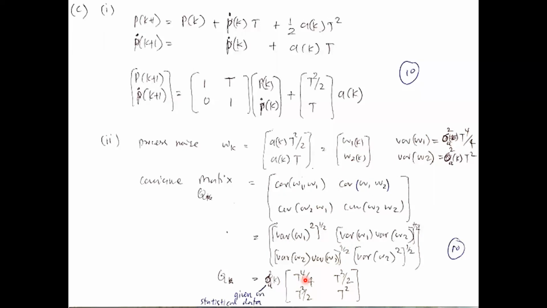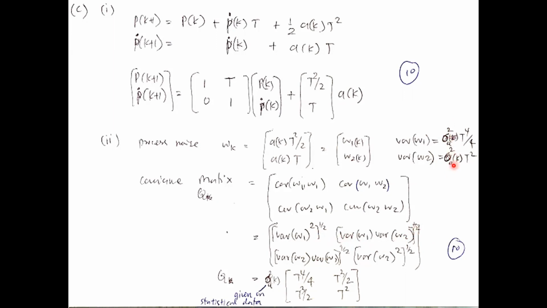You get the same signal and square it and then get the root. But here you get variance of the first signal, omega 1, times variance of the second signal, omega 2, and then get the square root. You get the combinations here. So you multiply these two together and get the square root.